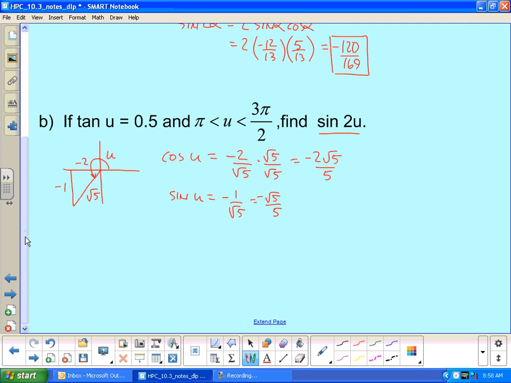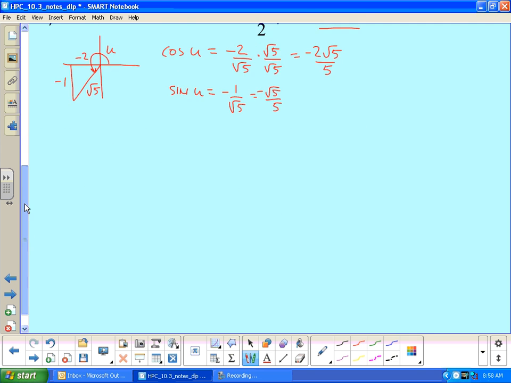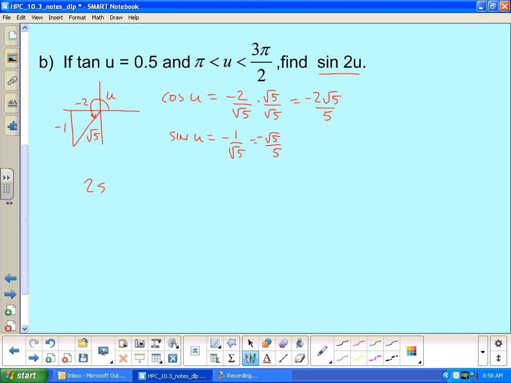And so our double angle says that sine of 2u would be equal to 2 sine u cosine u, which means 2 times -root 5 over 5 times -2 root 5 over 5.